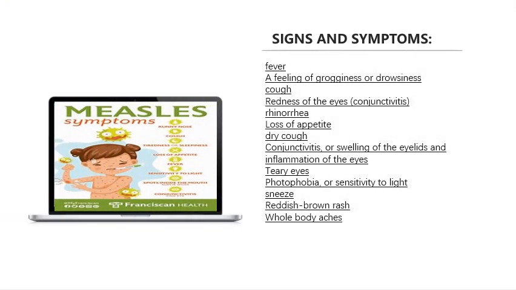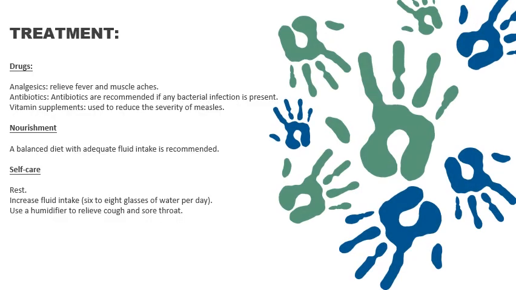Signs and symptoms: fever, feeling of grogginess or drowsiness, cough, loss of appetite, dry cough, teary eyes, sneezing, whole body aches. Treatment: drugs, analgesics to relieve fever and muscle aches.